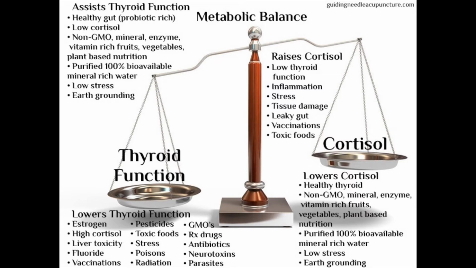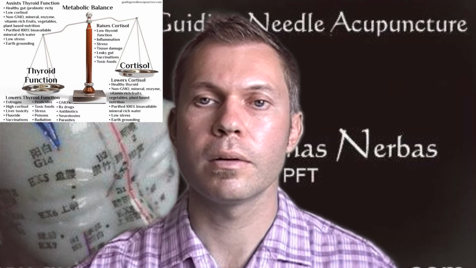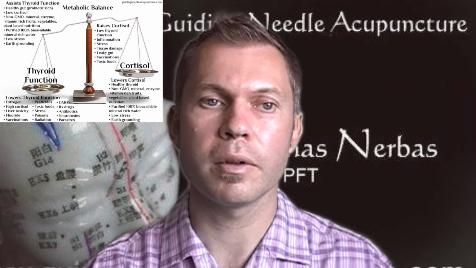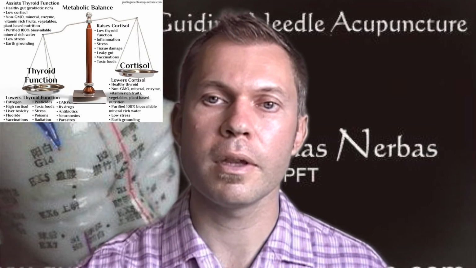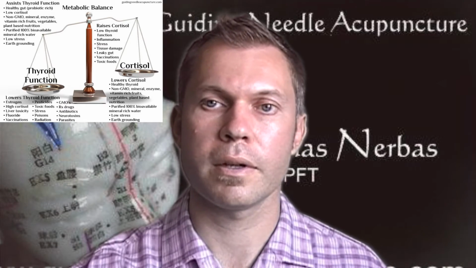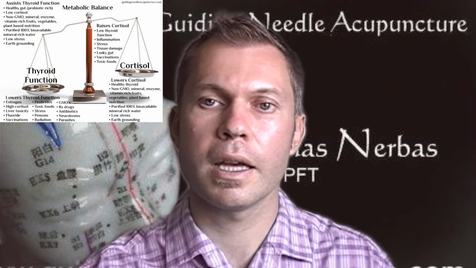And I also like to explain the relationship of the thyroid function and the adrenal function. When the body has inflammation, the body produces cortisol through the adrenal glands. Cortisol is an anti-inflammatory. So let's take a look. Here's our scale.